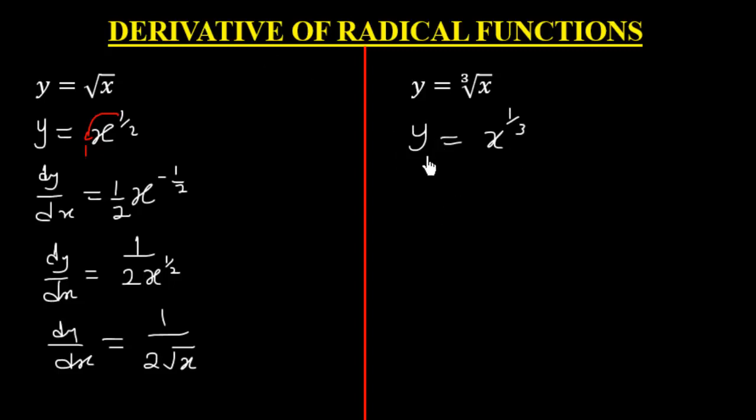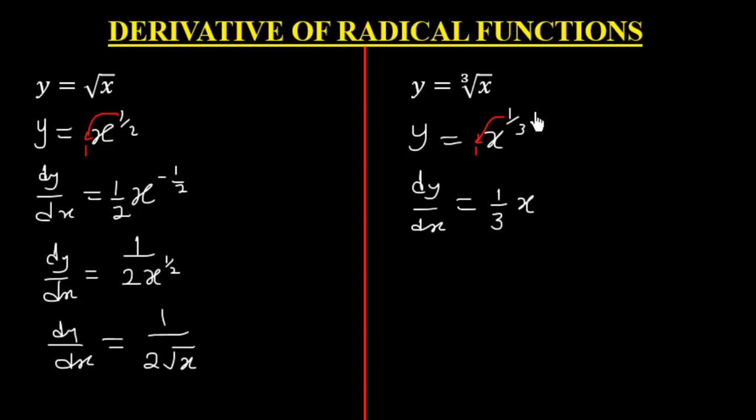Once again, we are differentiating y with respect to x. So dy/dx is equal to, differentiating x to the power 1/3, we multiply the exponent of x by the coefficient of x, and you know the coefficient of x is 1. So 1/3 times 1 gives us 1/3.